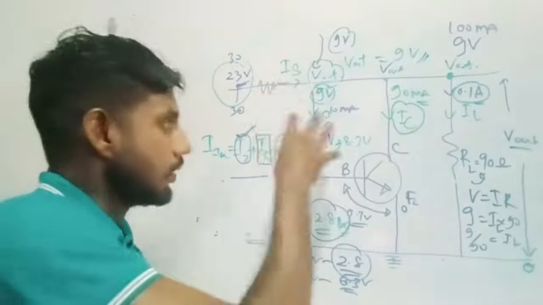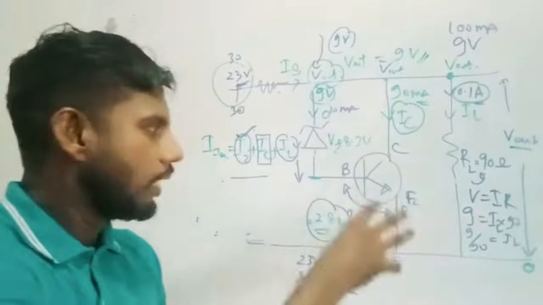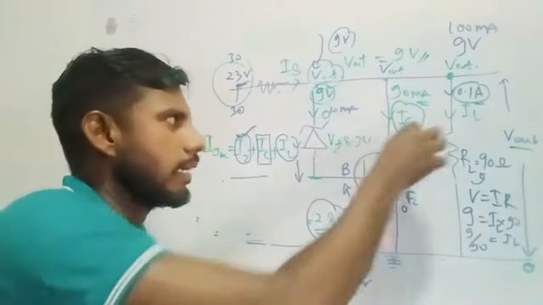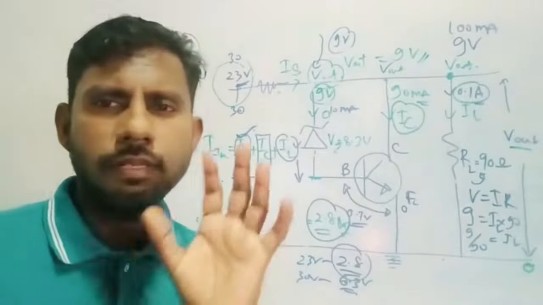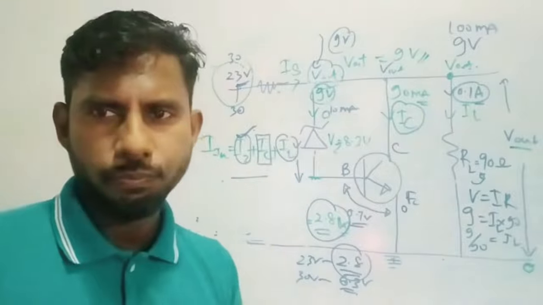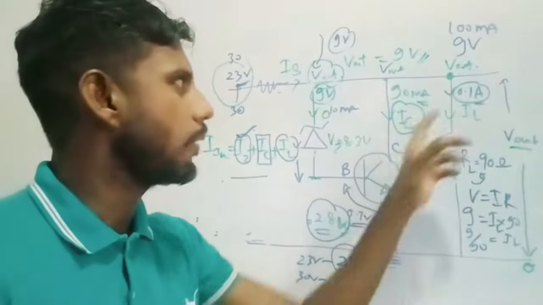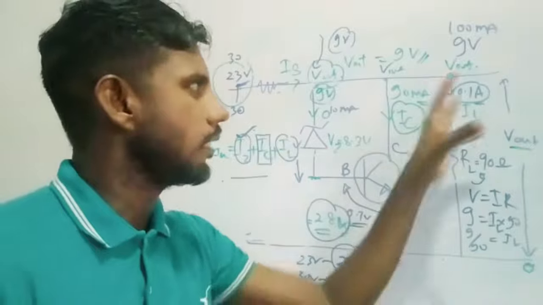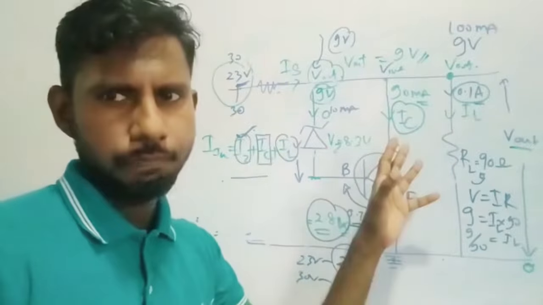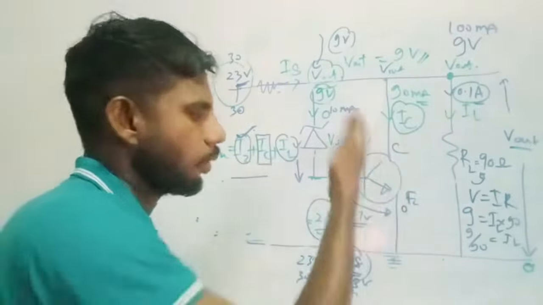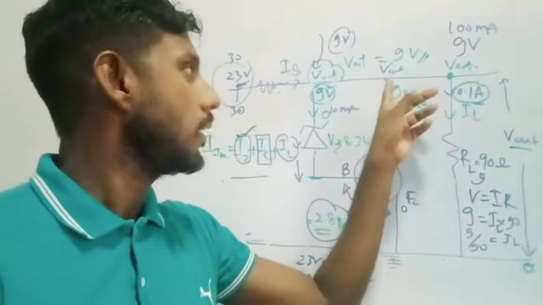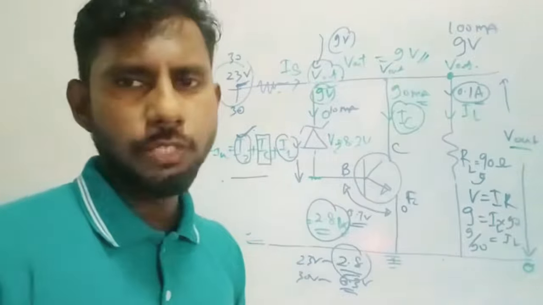So when IC increases, that will go through the transistor. So there won't be any change because of this IC, right? Even if IC is increased, that will go through the transistor, so it won't make any changes to this 9 volt potential here.